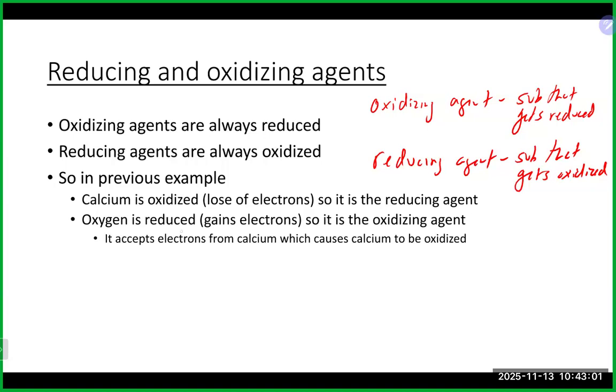In the previous example, calcium was oxidized, so that would be our reducing agent. Oxygen was reduced, and that would be our oxidizing agent in this case. By the way, all of those things are found on this side of the arrow, the reactant side. Your things being oxidized, your things being reduced, your oxidizing agent, your reducing agent, all those things are found on the reactant side of the arrow. Questions on that there?